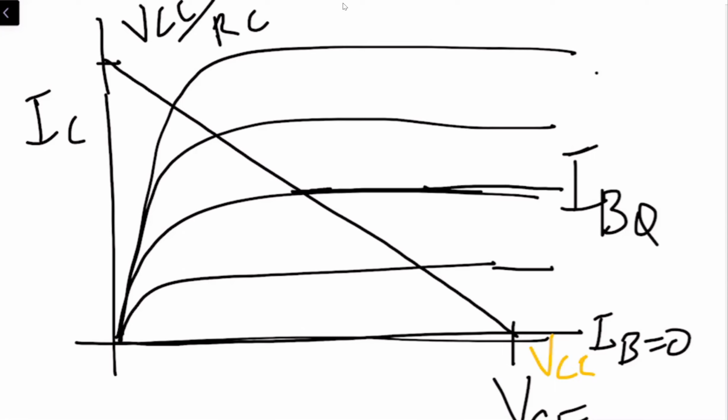This is the line. Now, where this line cuts the straight line over here, this point is called the Q point, where the Q point is called the point of operation of this transistor. Are you with me?